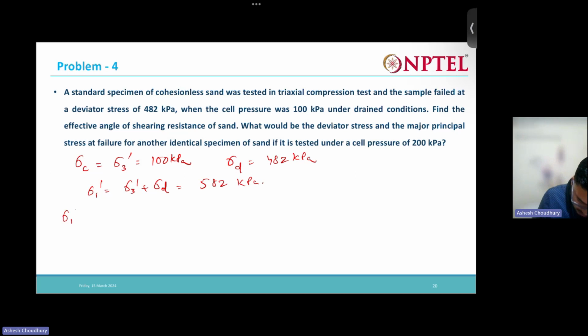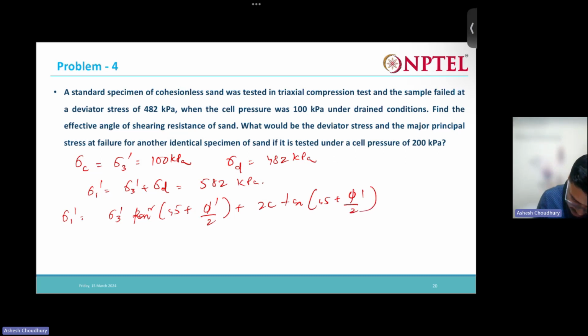Now if we use cohesionless sand, it means c is 0.